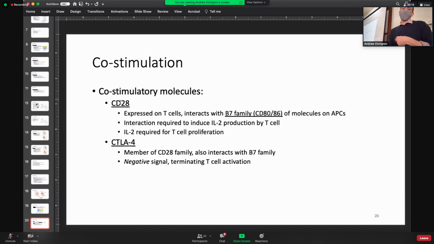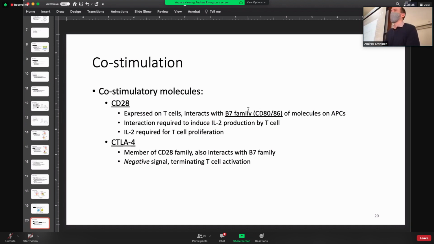So T cells can express a co-stim molecule called CD28. CD28 interacts with a group of proteins called the B7 family. Depending on the picture I put, you might also see that called CD80/86. There's just a collection of proteins.